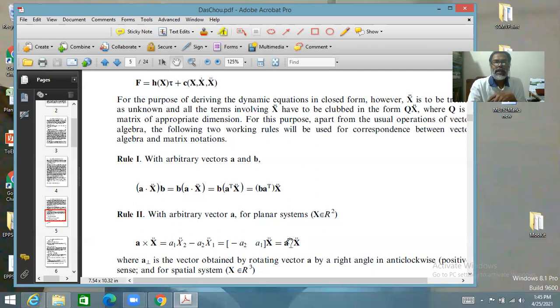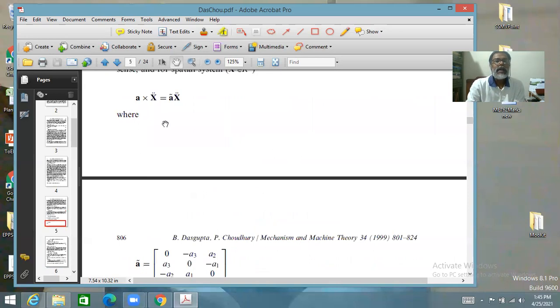In 3D, what you need to do is a similar cross product. When you evaluate it in 3D, you can see that this cross product turns out to be equivalent to a matrix A tilde into vector x double dot, where A tilde is this skew symmetric matrix.